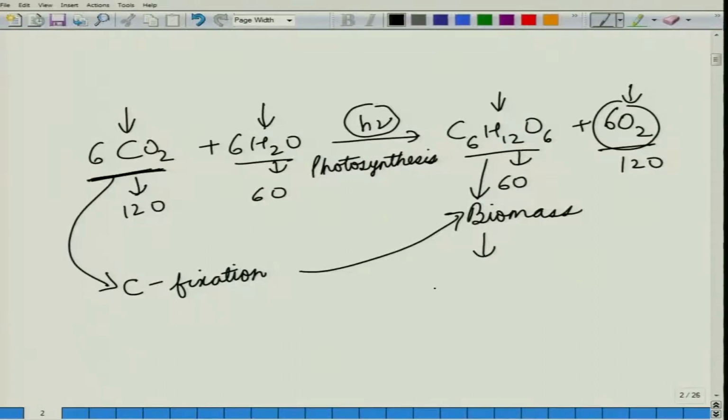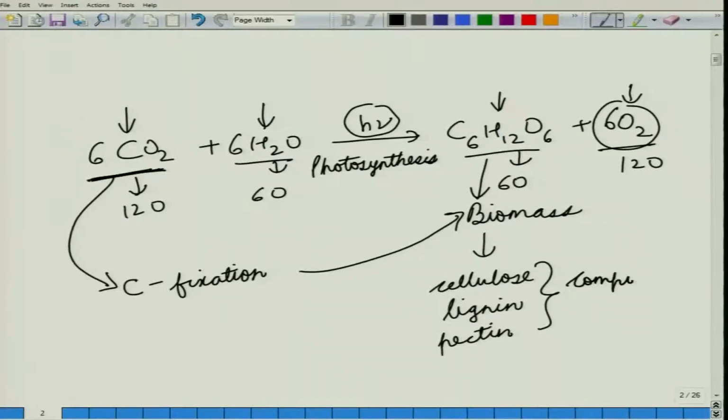For instance, it can make cellulose, it can make lignin, it can make pectin and a number of other components of the plant cell, and a number of other such molecules.